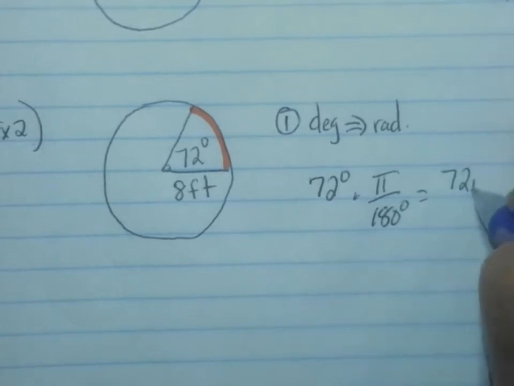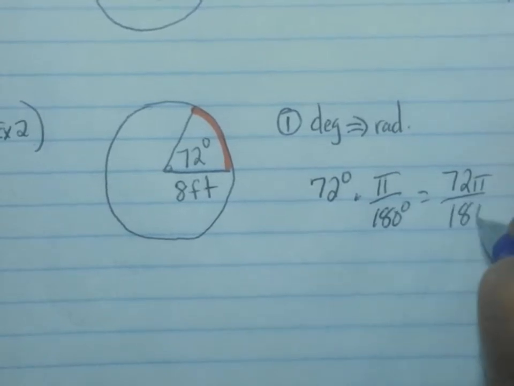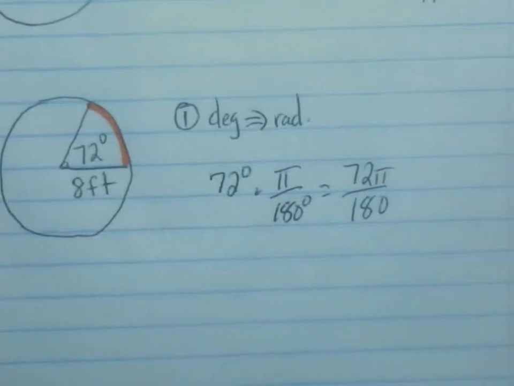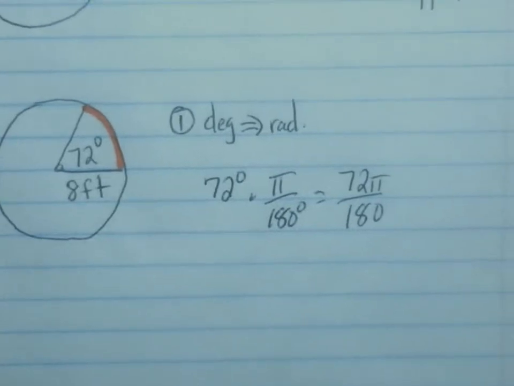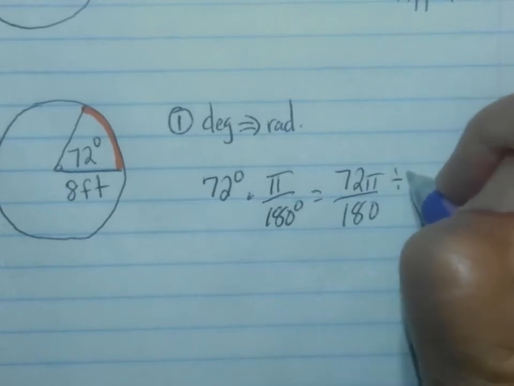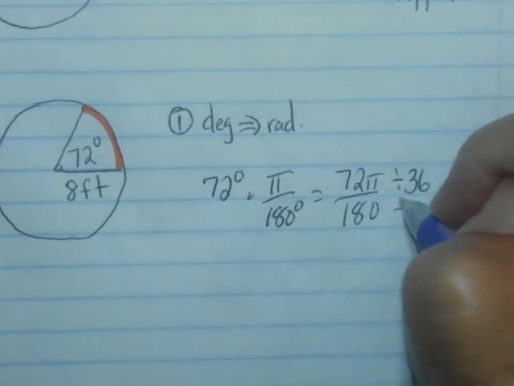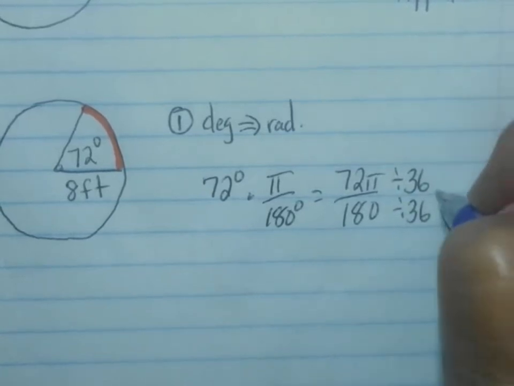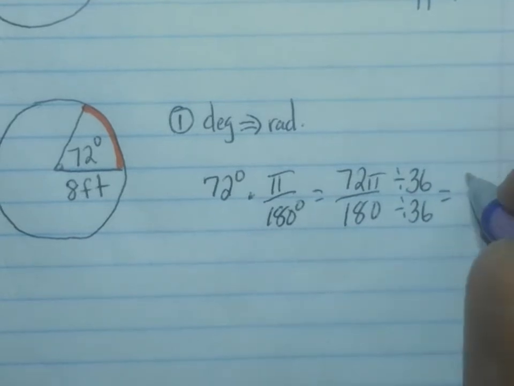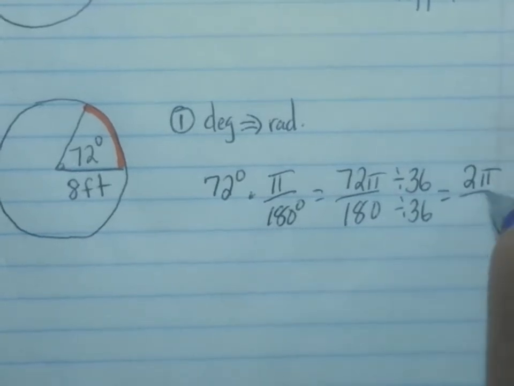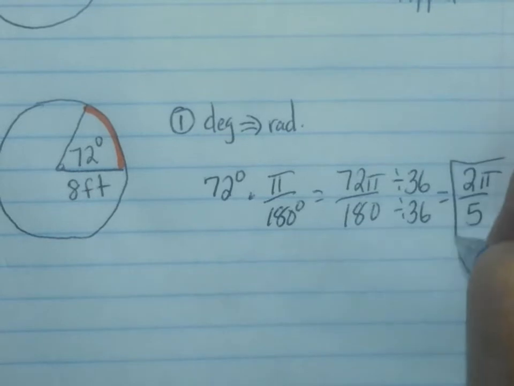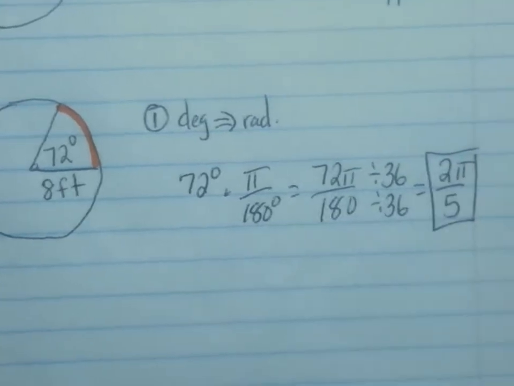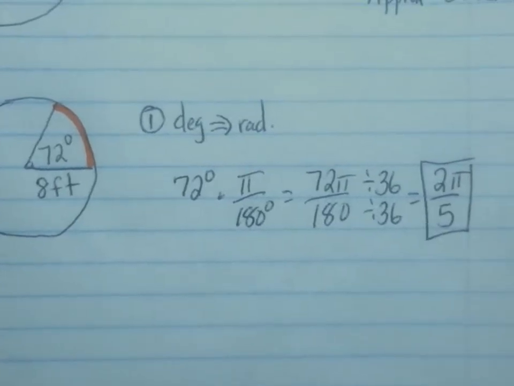And we get 72 pi over 180. But we have to simplify. And the number 36 is the greatest common factor. And so we would have 2 pi over 5. And that would be your exact answer.